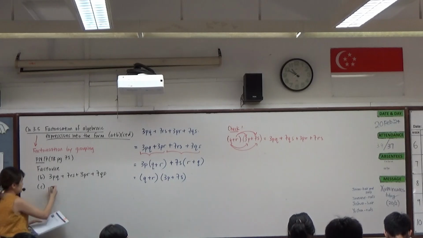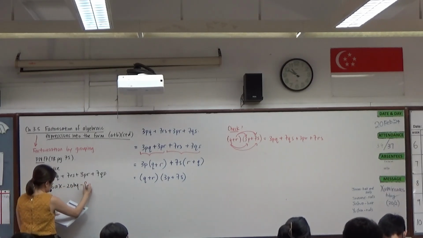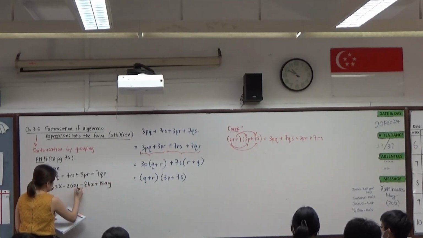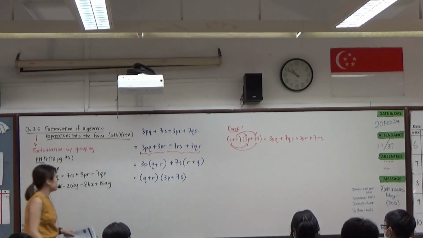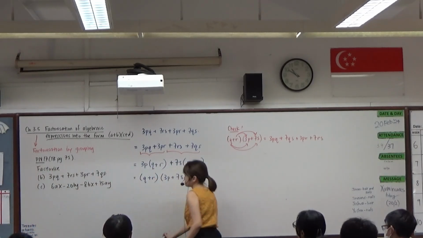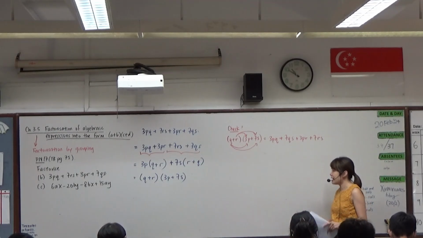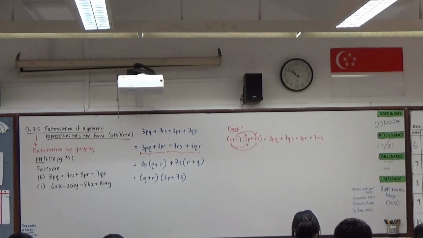Next we look at part C. We have 6ax minus 20by minus 8bx plus 15ay.